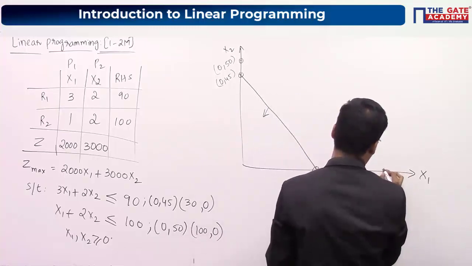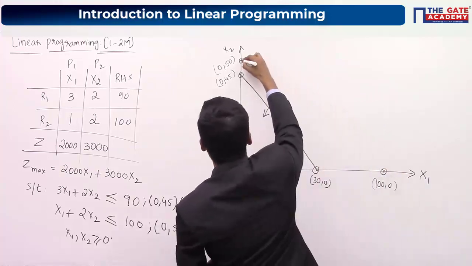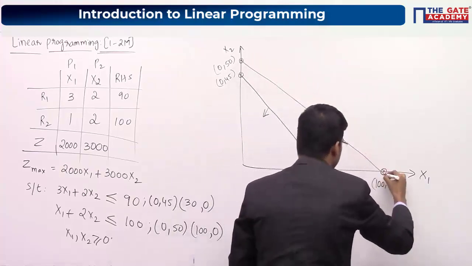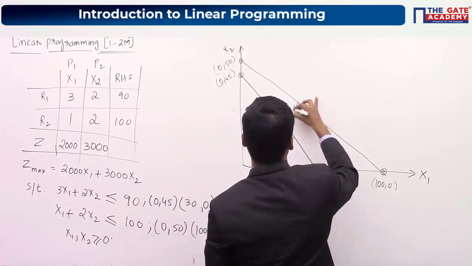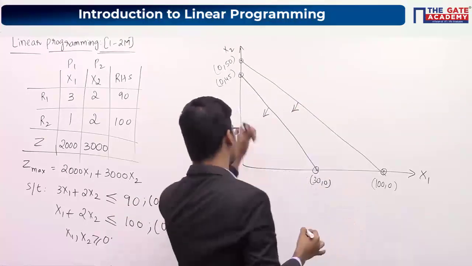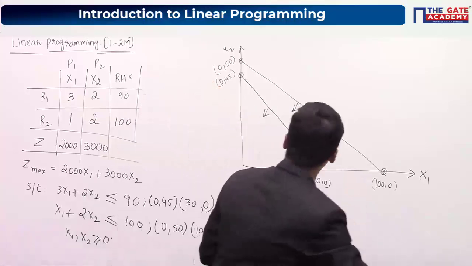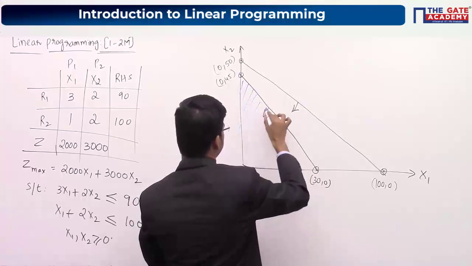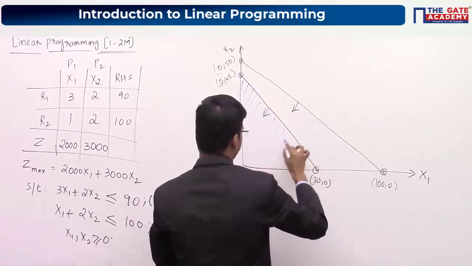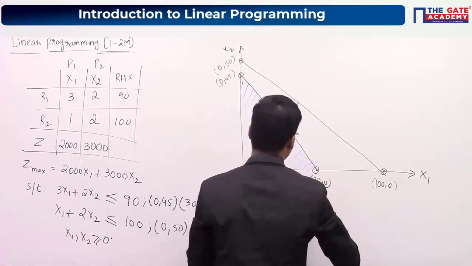Join these 2 points. Again it is a less than or equal type constraint, so the region satisfied by this constraint should be towards the origin. Now what is your common region or feasible region? It is this one. So this will be your feasible region.